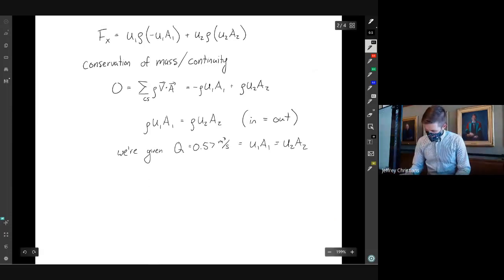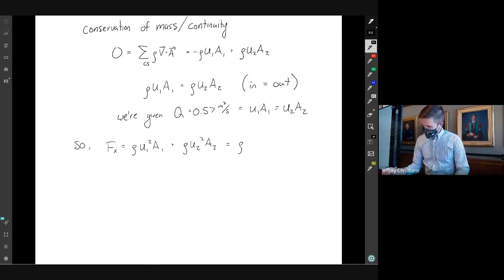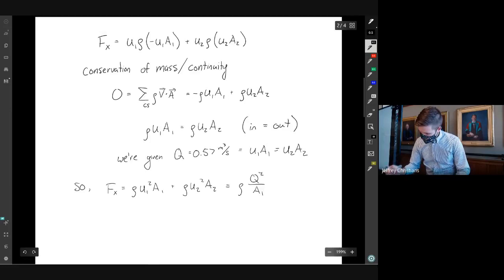So we can write now Fx equals rho U1 squared A1 plus rho U2 squared A2, which would be equal to density times negative Q squared over A1, sorry, I lost my sign convention.